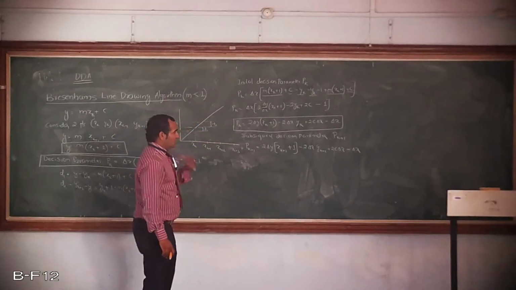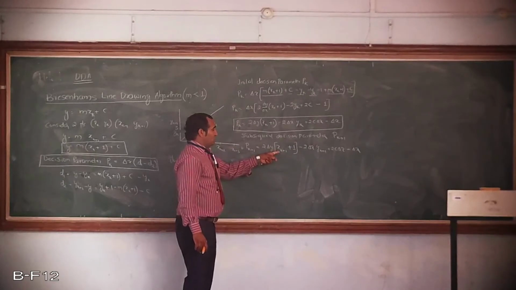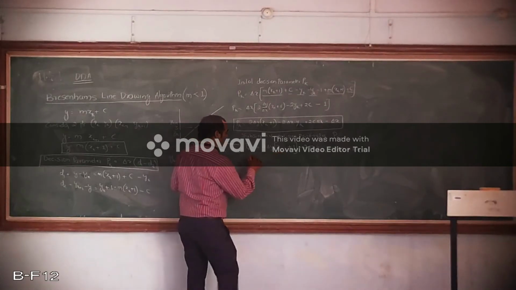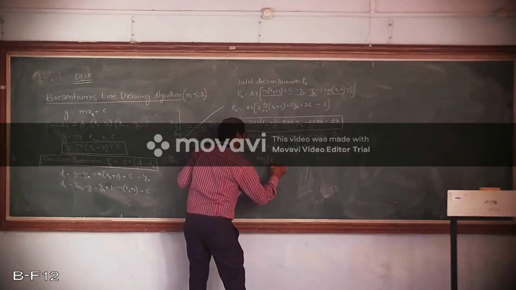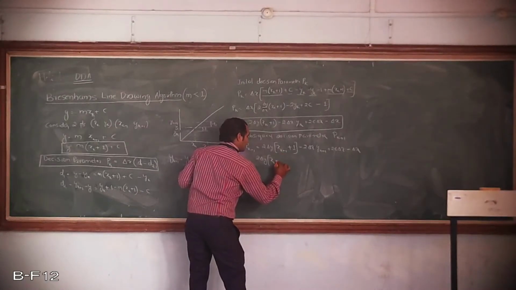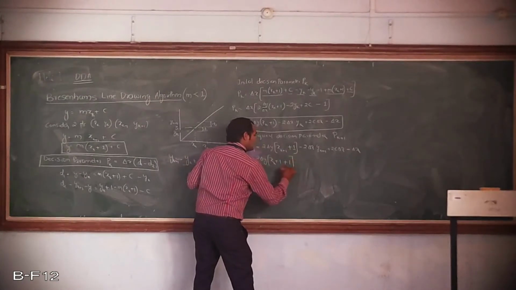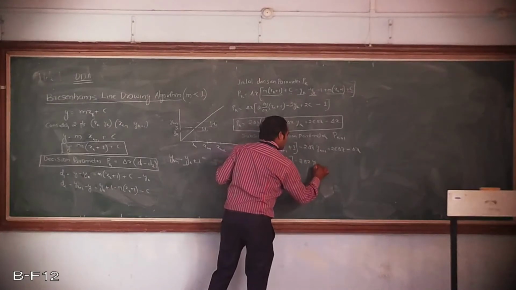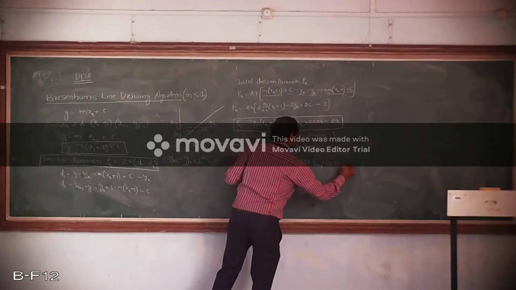Here, as I know, for slope m less than 1, the next x coordinate can be written as xk plus 1. So I will substitute 2 delta y into xk plus 1, this plus 1 as it is, minus 2 delta x yk plus 1 as it is, plus 2c delta x as it is, minus delta x.